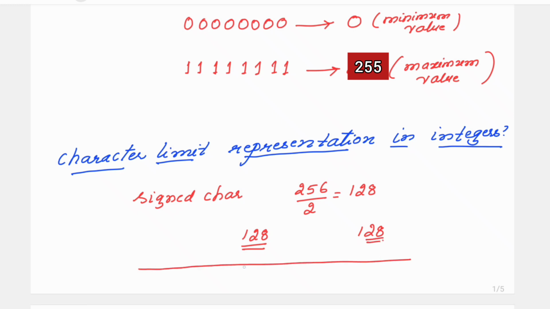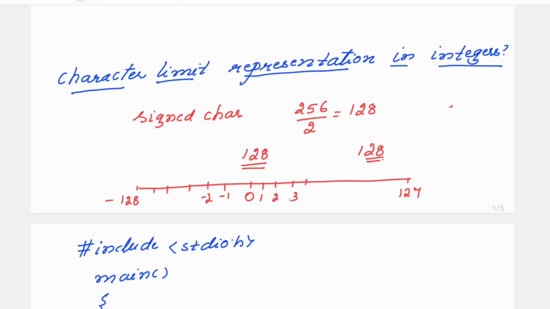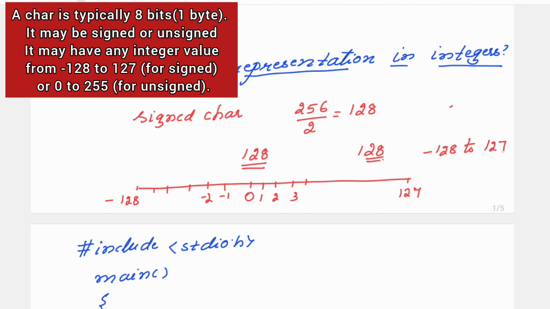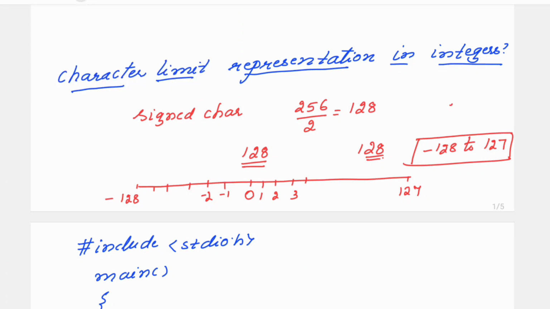If I write it on a scale, on this side I'll write all positive values from 0 to 127, and this side I'll write negative values: minus 1, minus 2, up to minus 128. So the signed character data type range is from minus 128 to 127. Within this range you can give a value for the signed character data type.